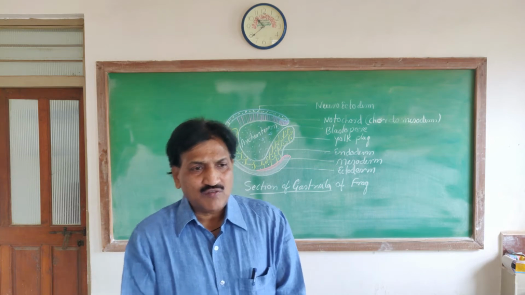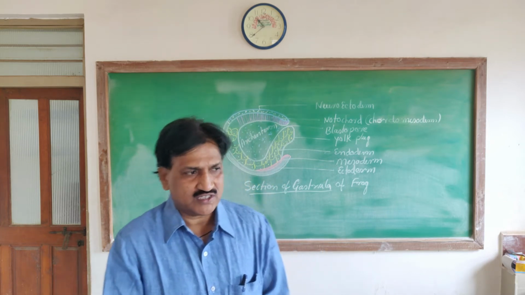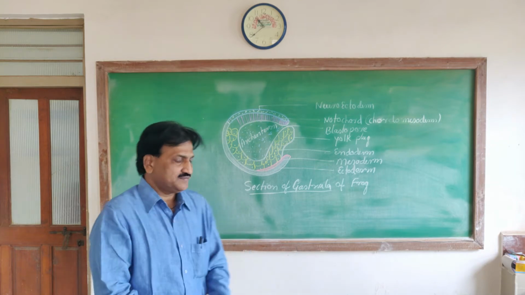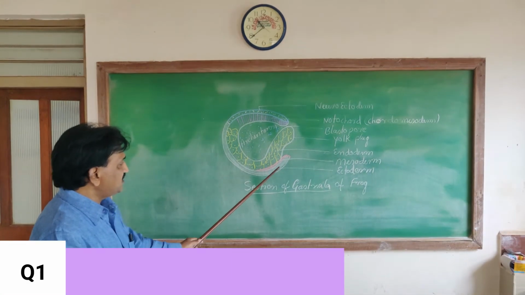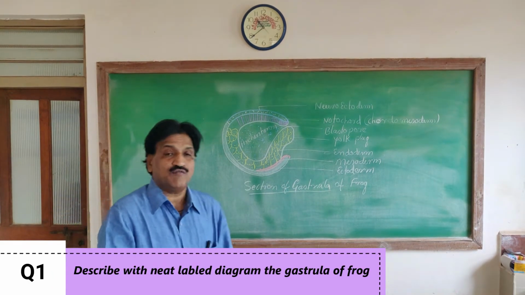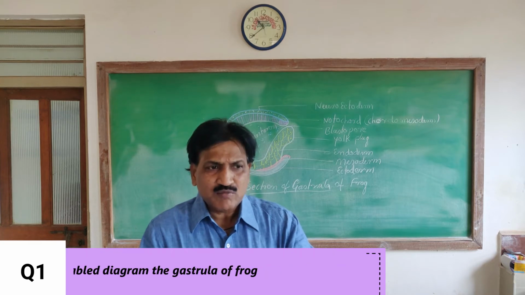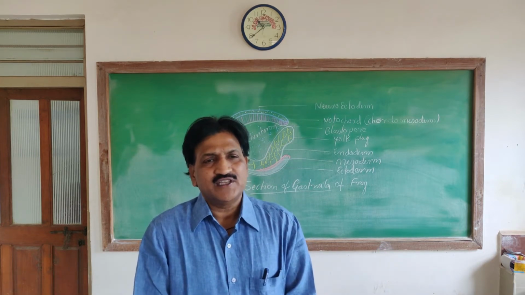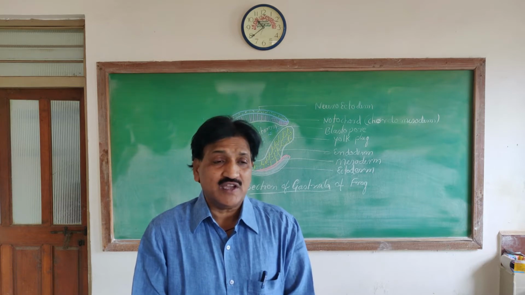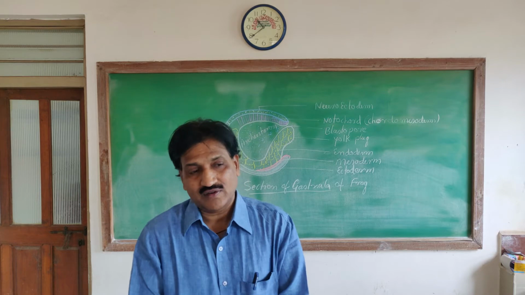For the structure of gastrula, they will ask 5 mark questions. The question is like this: with a neat label diagram, describe the section of gastrula of frog. There is a 10 mark question too: with a neat label diagram, describe the early gastrula of frog.